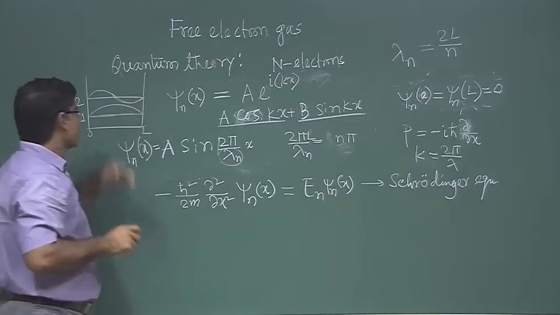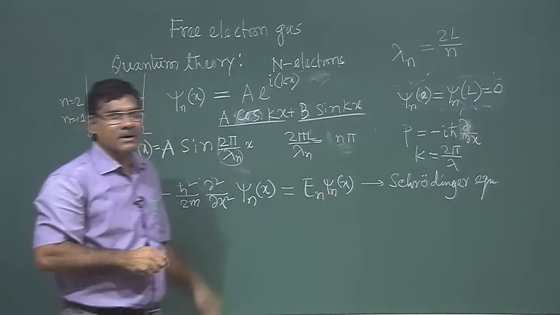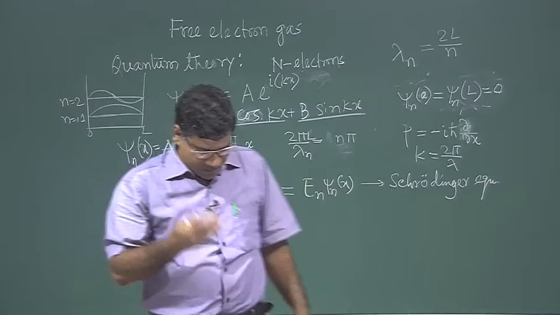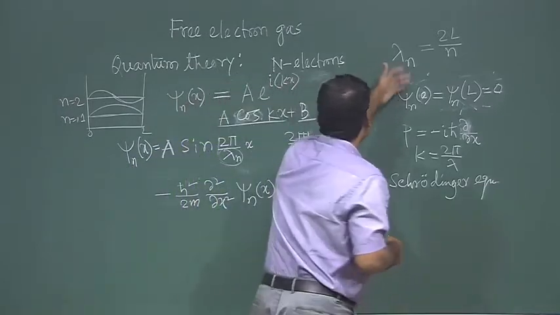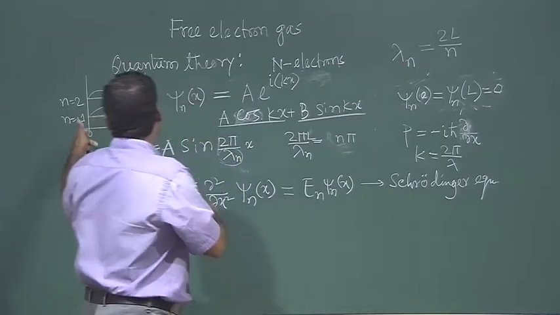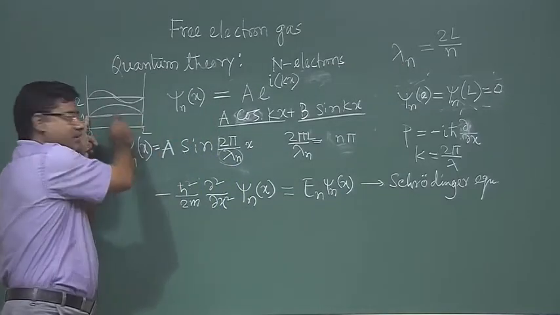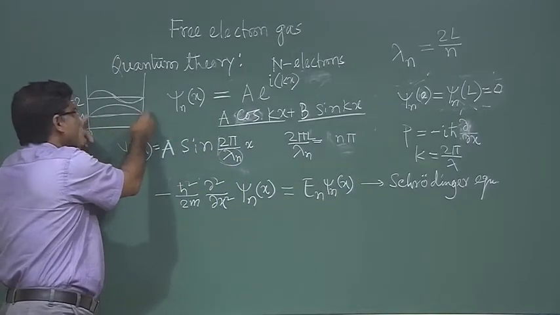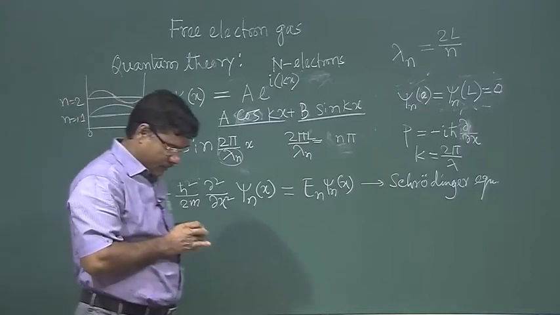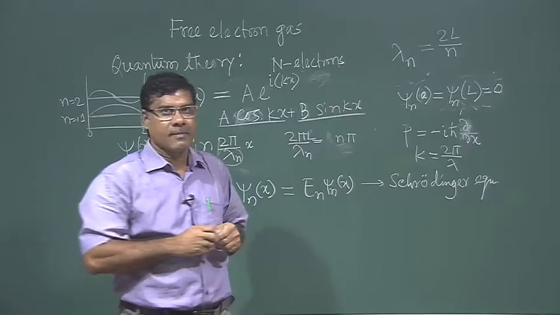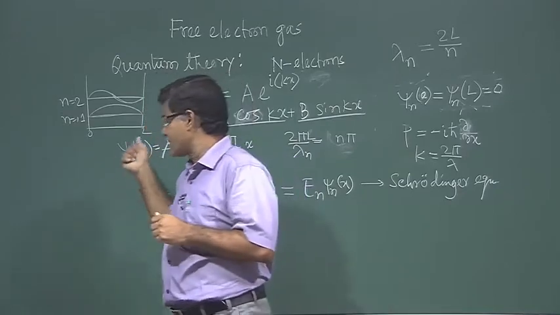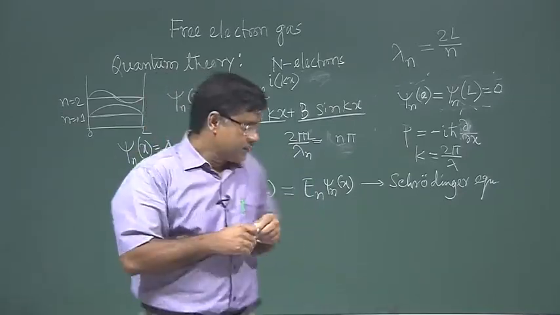Similarly for 3, 4 you can draw, and you get functions having different wavelengths that vanish at the surface of the box. In this case it is one dimension.